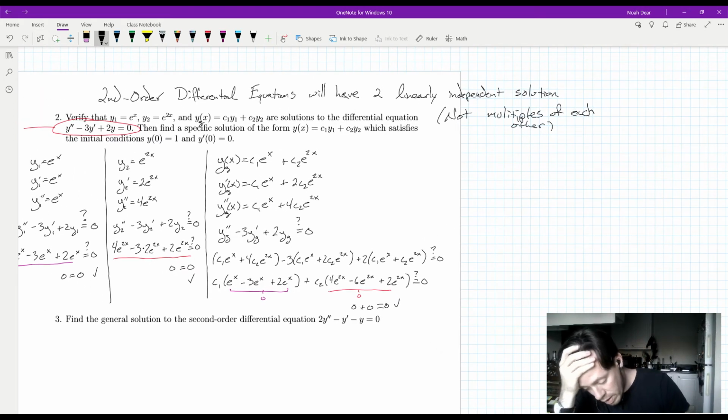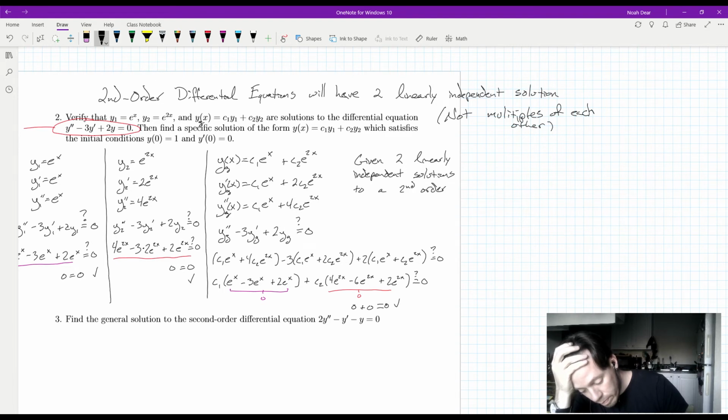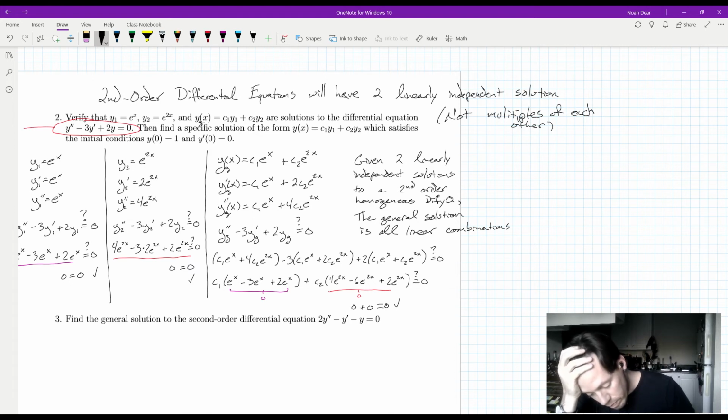So we'll make a note of that here: given two linearly independent solutions to a second order homogeneous differential equation, the general solution is all linear combinations of the two solutions.